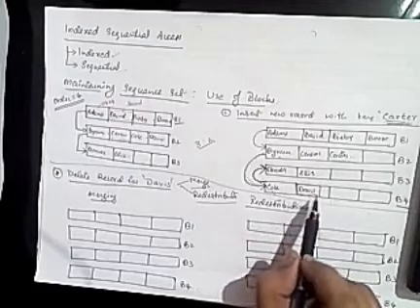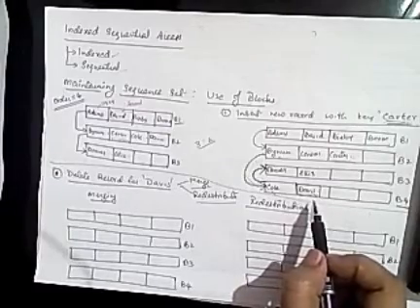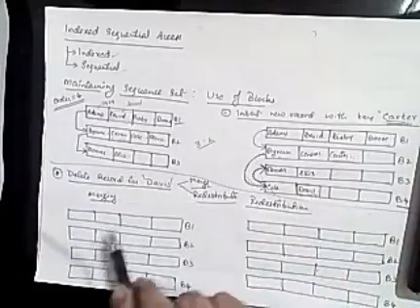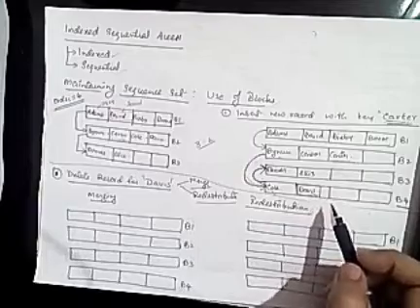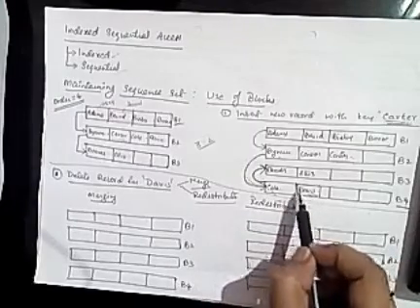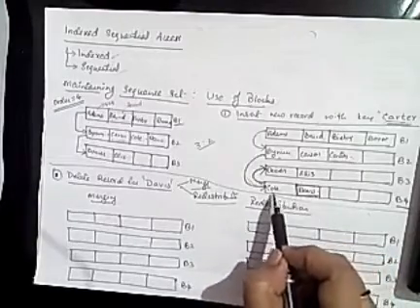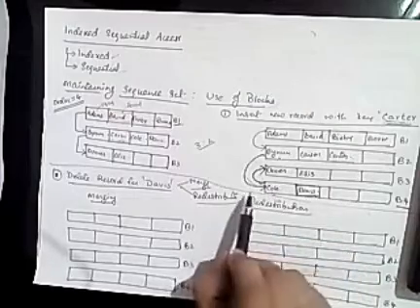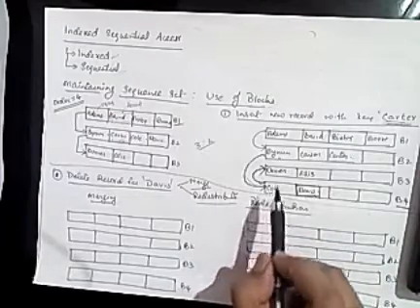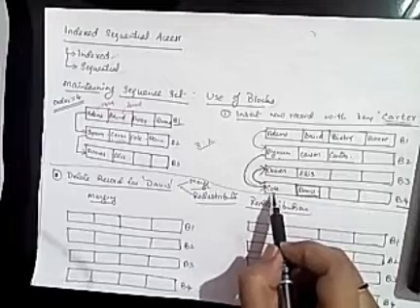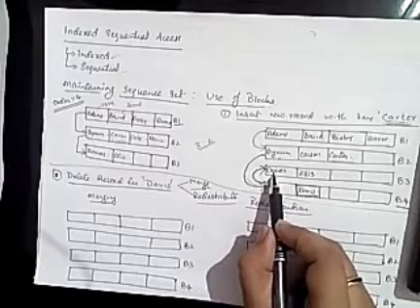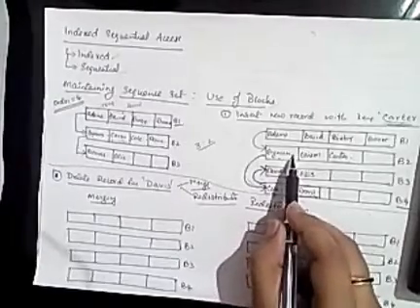If it is less than half full, then you need to either merge or redistribute. When you delete Davis, only one record will be left over in B4. Either I can combine it with B3 or B2.